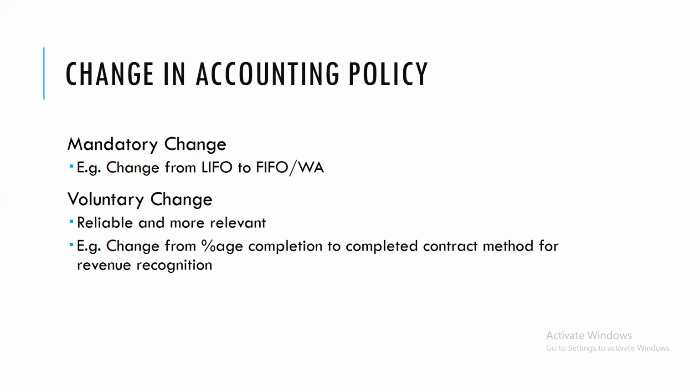What ASPE and IFRS did was they got rid of LIFO, and they said you could no longer value your inventory using LIFO, and therefore whatever companies were using LIFO had to do a mandatory policy change and change the way that they were valuing their inventory to either FIFO or weighted average. Okay, so for a mandatory change, something has changed in the standards and you have to follow that.